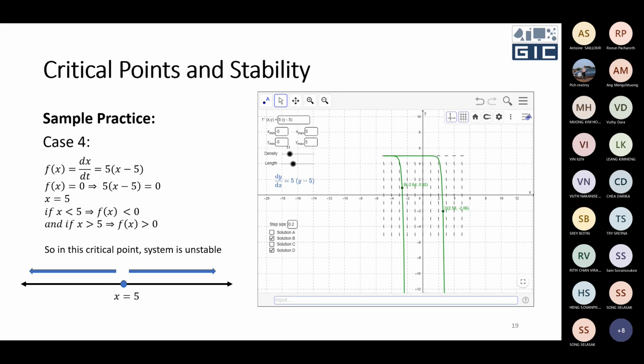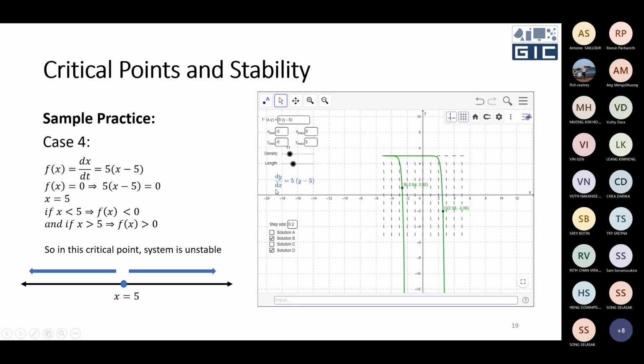In this case, we plot our slope field to see the flow of our system. If you have an equation like that, our system is leaving the stable value. In this case I use x minus 5, but in the slope field I use y minus 5. Here it is dx over dt, but in the slope field I use dy over dx.